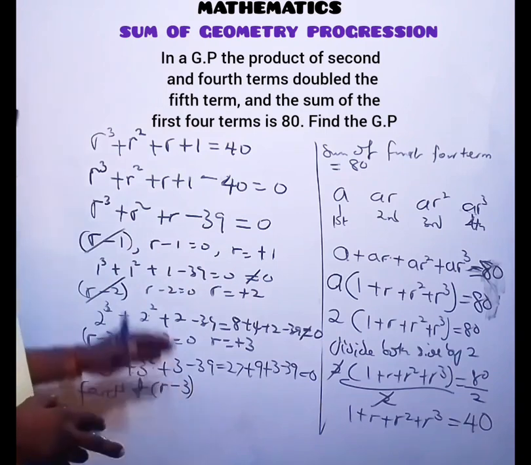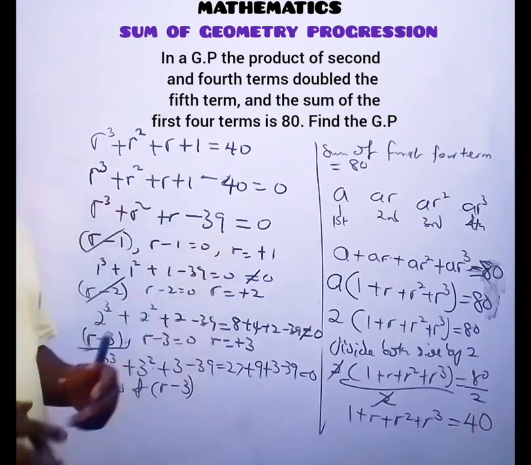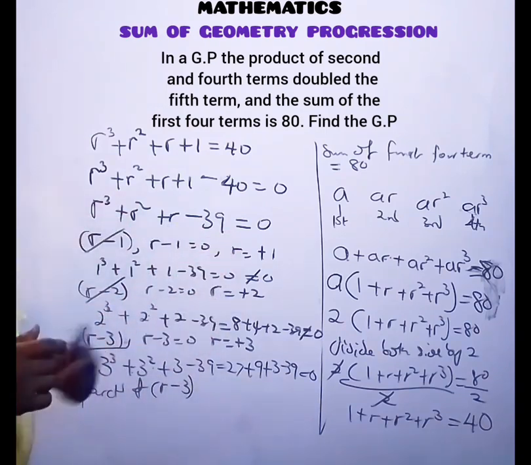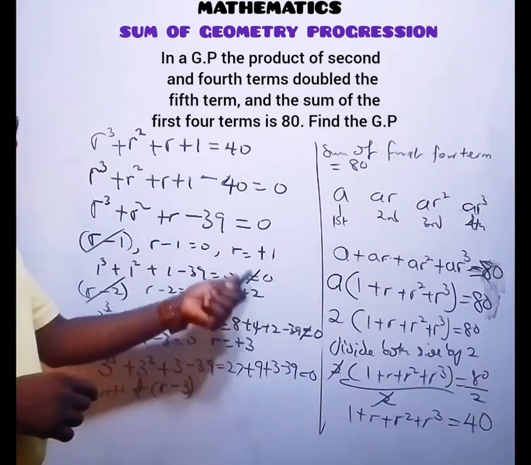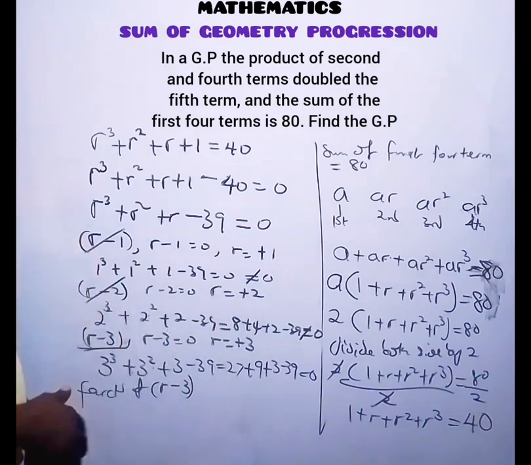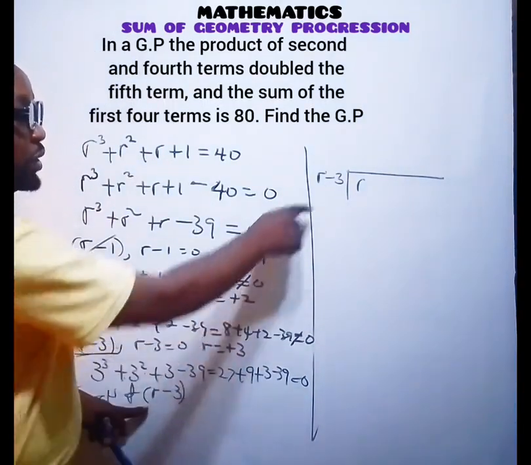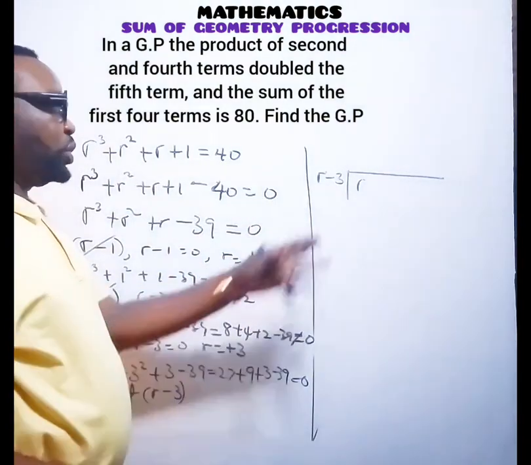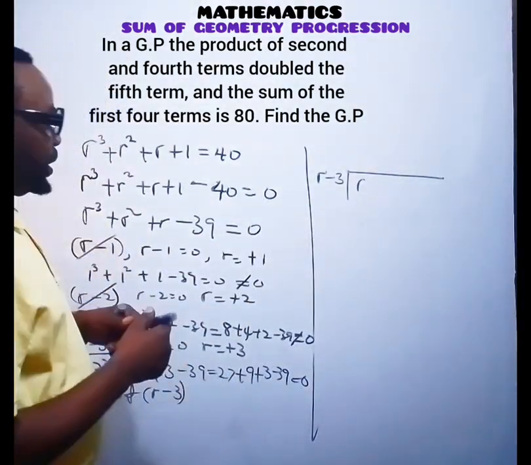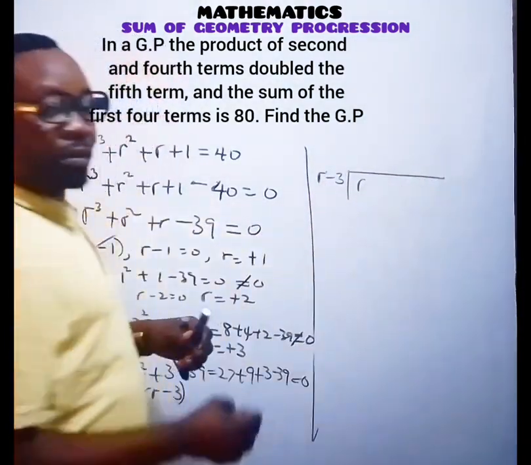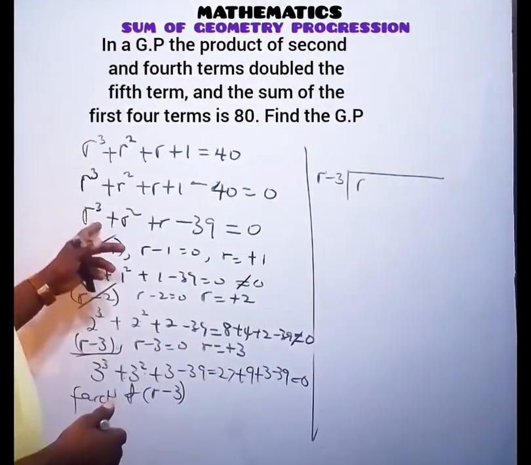We will now go further to factorize this properly. So let's look at how we're going to do the factorization properly. Take a look at it very well. We have this value as the factor, that is the divisor now. It is the one that we're going to use as a divisor to divide this expression in order for us to find the remaining factors of r.